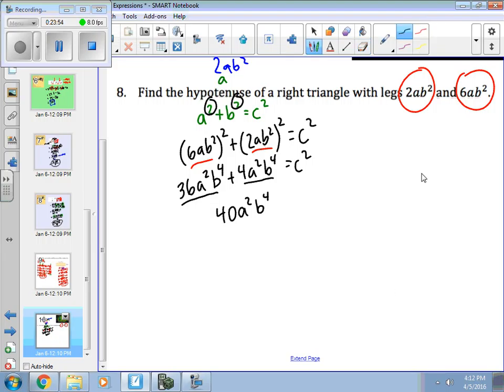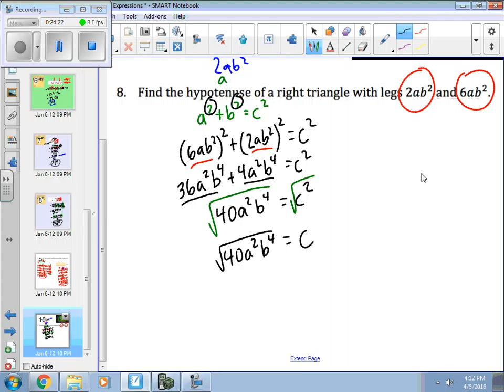All right, we're not quite done yet though. We want just c, not c squared here. So to undo power 2, we know we need to square root. And so c is going to equal the square root of 40 a squared b to the 4th. Okay, now go back to what we did yesterday. To simplify that, we want to separate stuff we can take the square root of and stuff we can't.